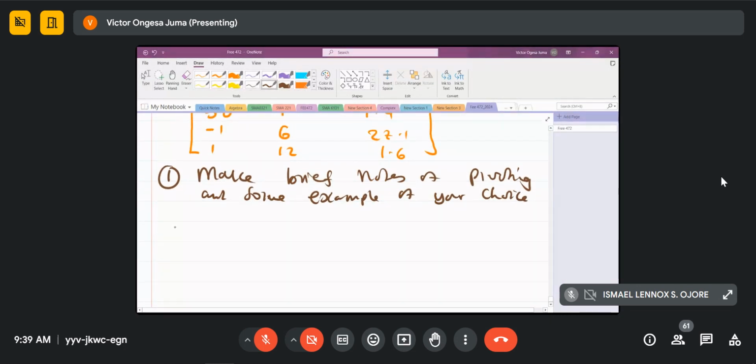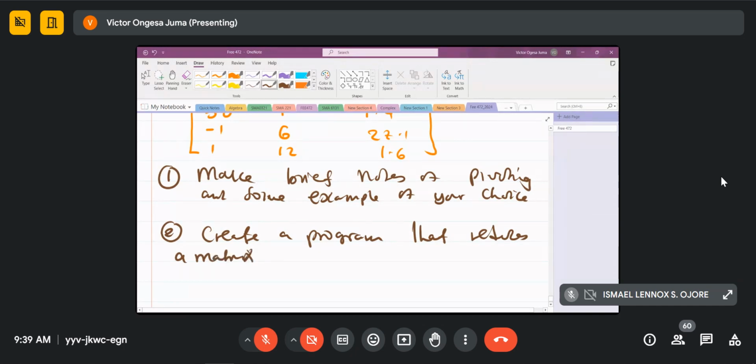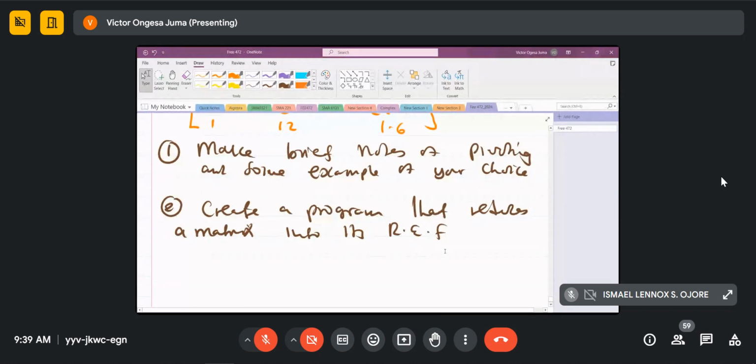And then 2, create a program that reduces a matrix into a row echelon form. Use a language of your choice. If you want to use MATLAB, Python, R, or C++, any of your choice.